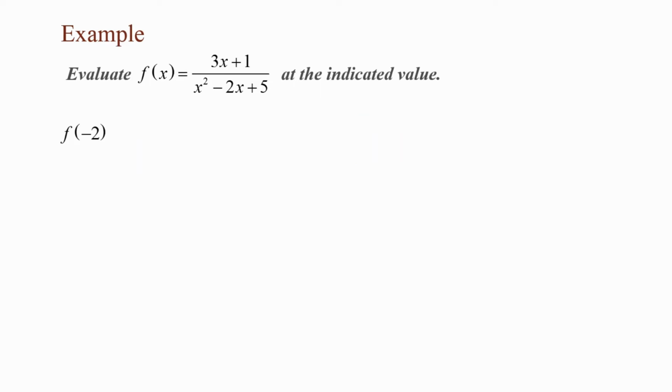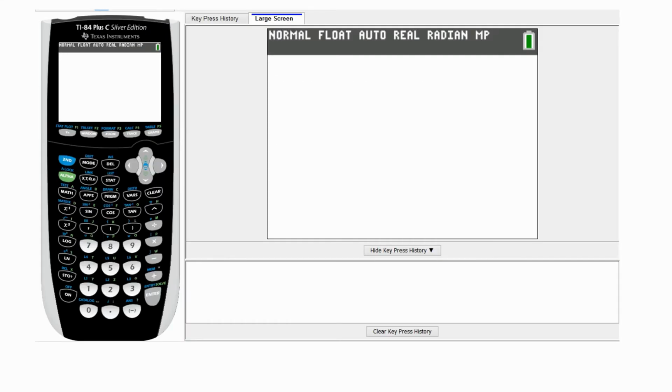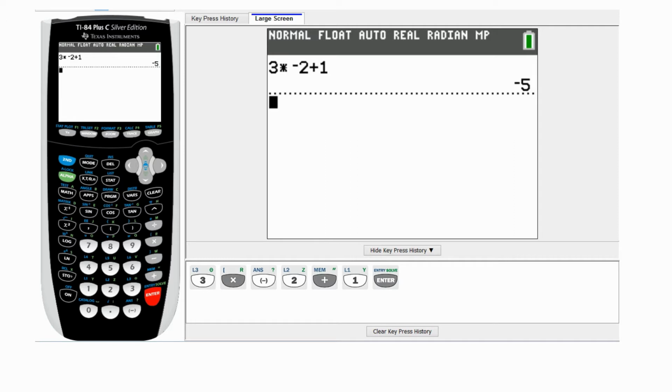In this example, we still want to use f of x, but this time evaluate f of negative 2. So that gives us 3 times negative 2 plus 1 divided by negative 2 squared minus 2 times negative 2 plus 5. Calculating, for the numerator, 3 times negative 2 plus 1 gives us negative 5.